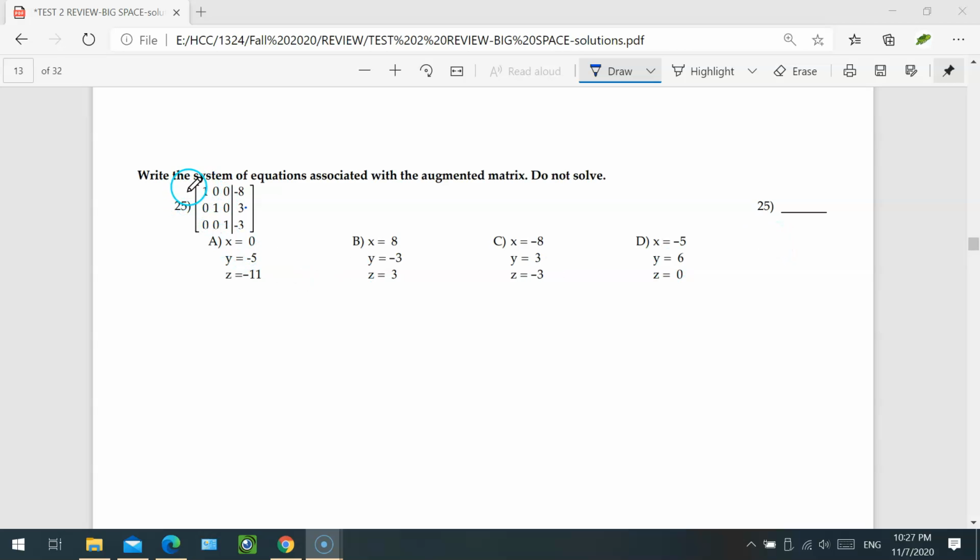25. Write the system of equations associated with the augmented matrix. Do not solve it. So this is the augmented matrix, and this is the result of the augmentation by using the RREF. And RREF is the most convenient way to solve for your system of equations.